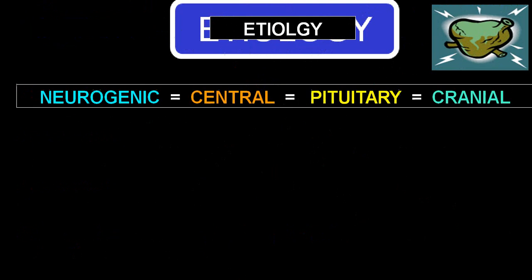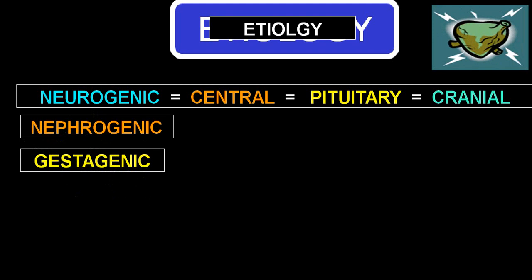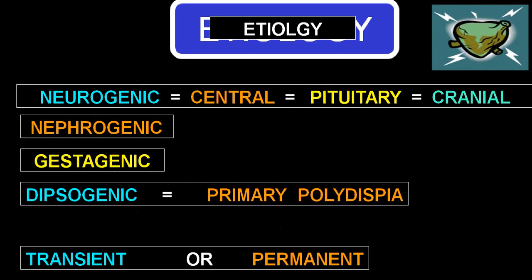Etiology wise, we divide into pituitary, or cranial, or central, or neurogenic, and nephrogenic. In nephrogenic it is genetic and acquired. Then gestagenic and dipsogenic, or primary polydipsia. It may be transient, it may be permanent.